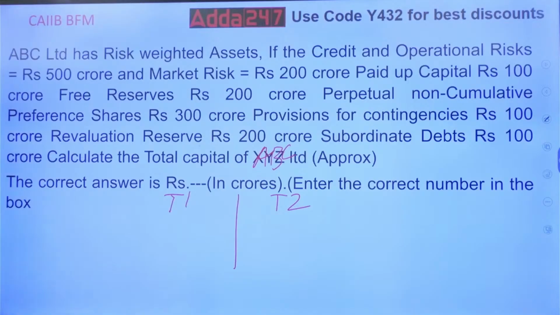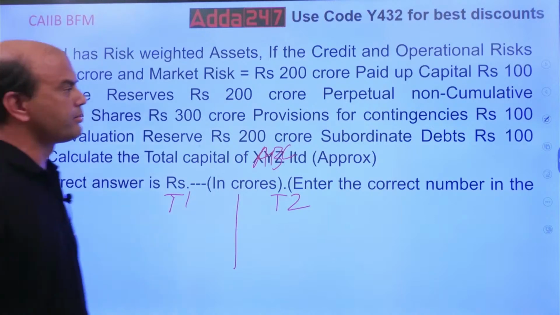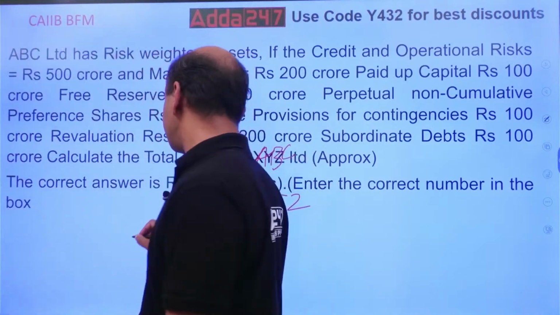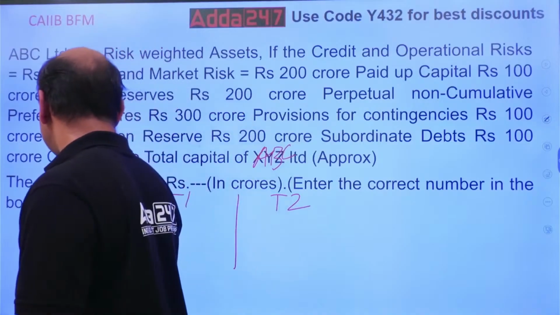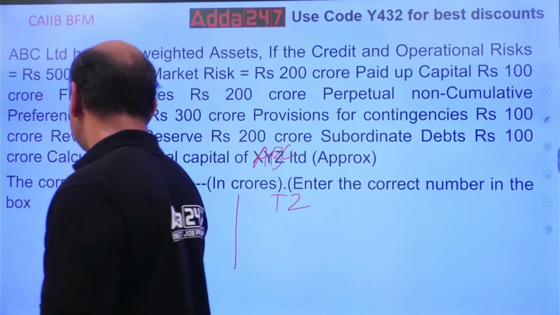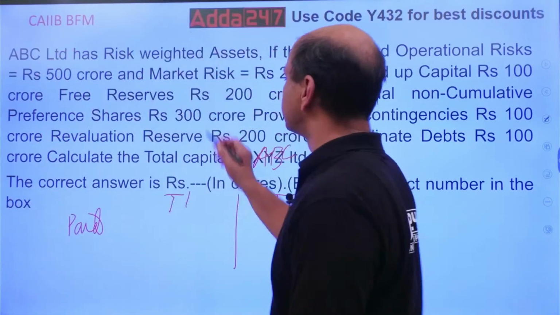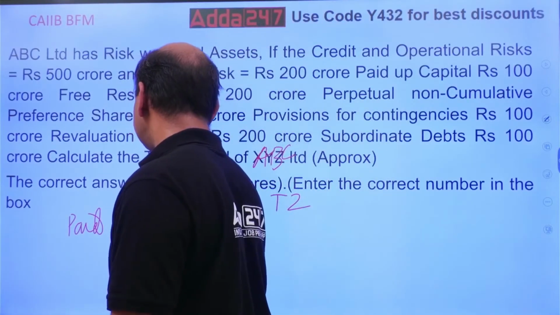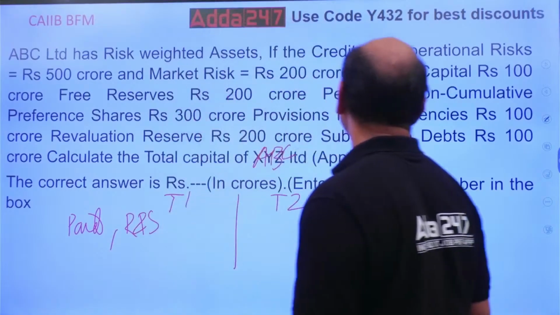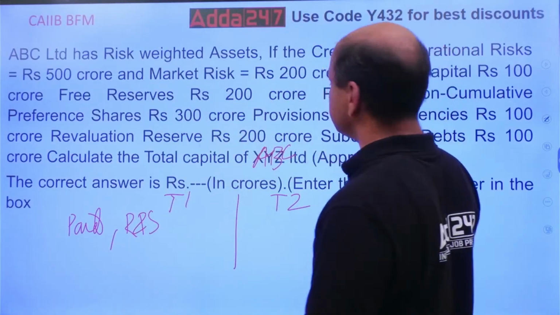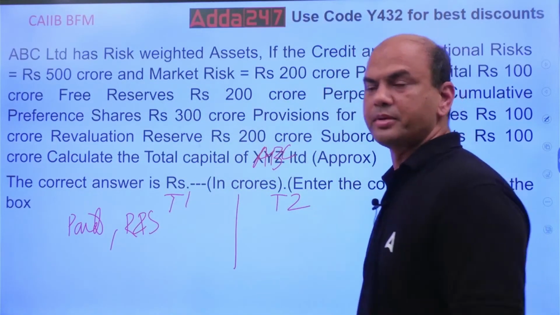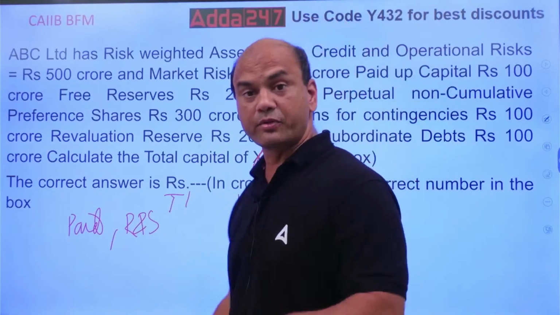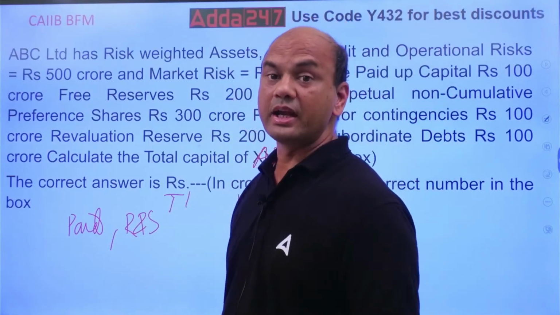What is the part of Tier 1? Firstly, paid up capital. Then second, free reserves, we call it R&S, reserves and surplus. Then PNCP. There are others as well: paid up, free reserves, net profit, and revaluation reserves.